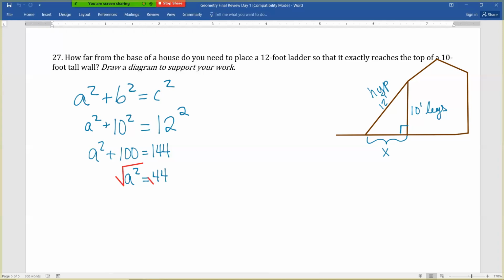So we're going to square root both sides. Squared and square root cancel, leaving us with a on the left side. Then I'm going to type in my calculator the square root of 44, and it gives me approximately 6.6 feet. Since this is a word problem, I am going to label my answer feet, because we're talking about how far a ladder should be from the base.